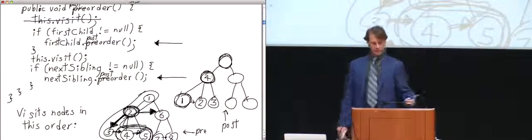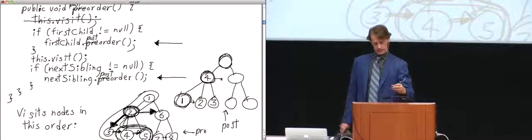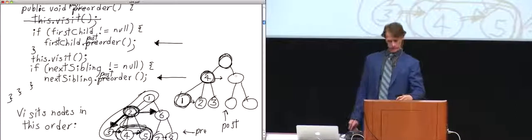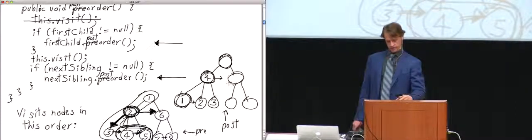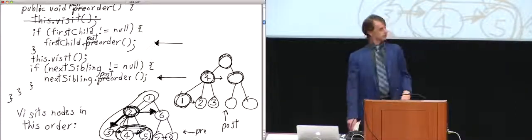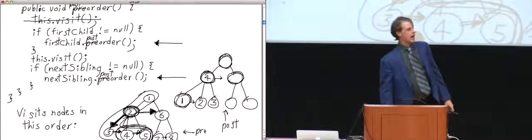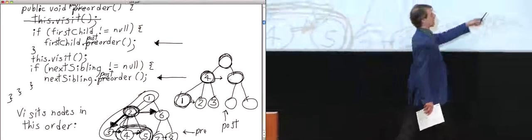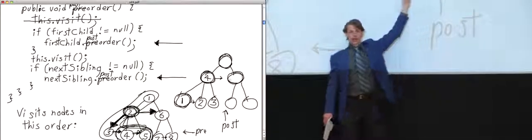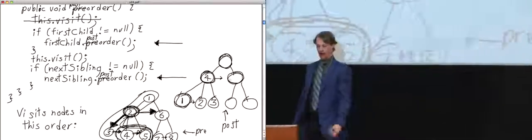Now that we've done that, we go and visit its next sibling. We call post-order on its next sibling. We don't visit it yet, because it's going to visit its first child first. And so we come down to this child, and that one has no child of its own, so we can visit it now.